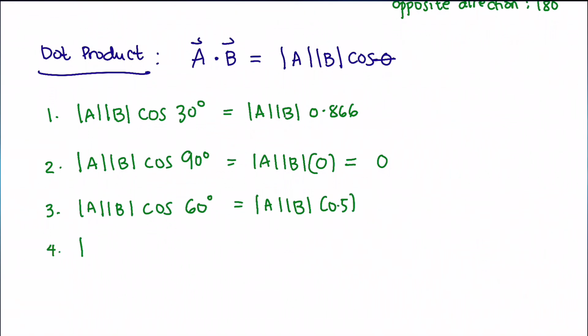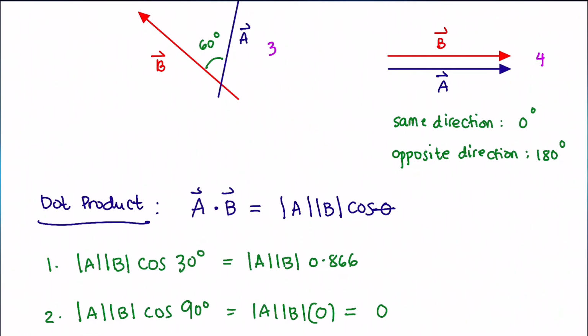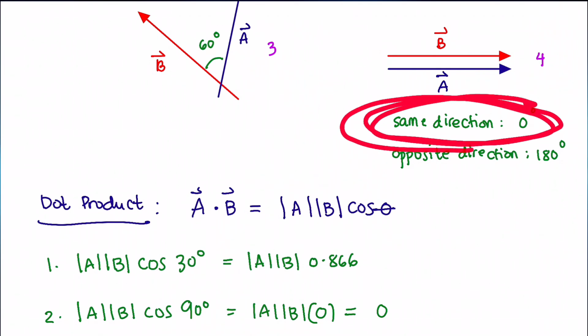For case number 4, we have the magnitude of vector a multiplied by the magnitude of vector b, cosine of the angle between the two vectors. In this case, since our two vectors are pointing in the same direction, the angle between them is 0.